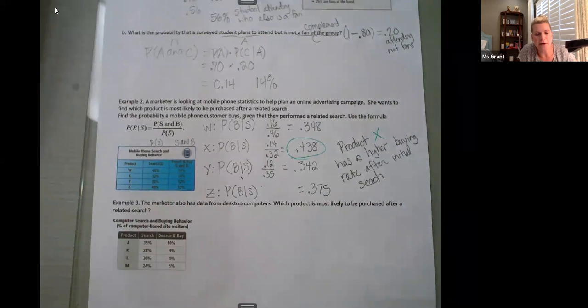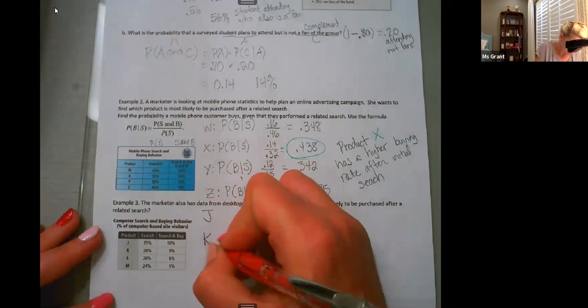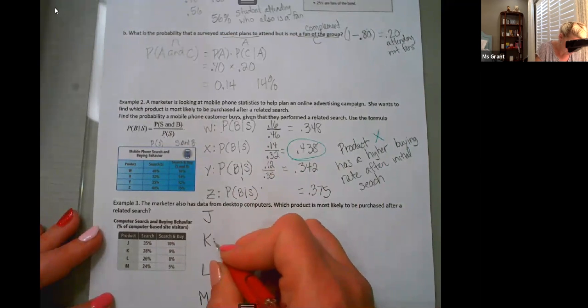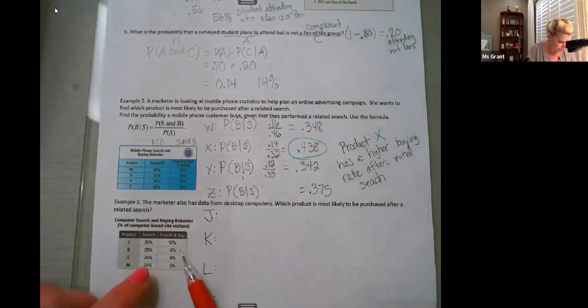Example 3. Now the marketer also has data from desktop computers. Which product is most likely to be purchased after a related search? So it's J, K, L, M. So it's my percentages.